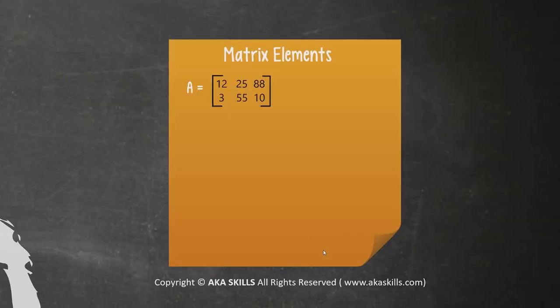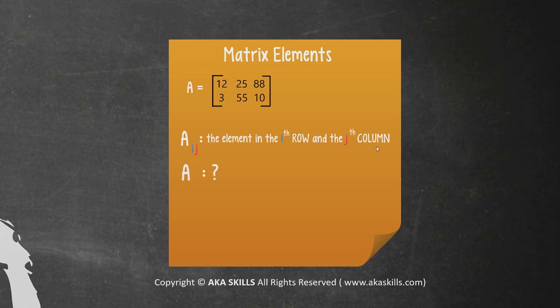So what are matrix elements? Let's say we have this matrix here as an example. An element is defined by the number of the row and the number of the column. So for example, A i j is the element in the ith row and the jth column.